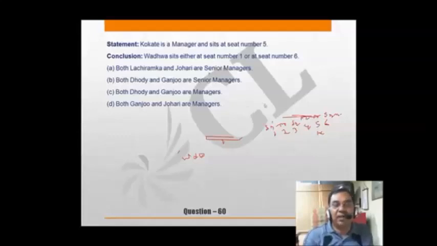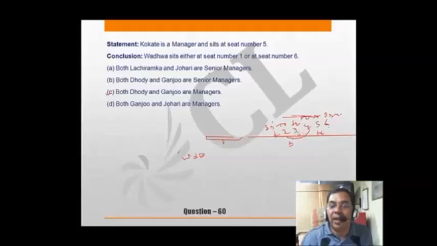Again I cannot put it, because both Dhodi and Ganju are managers, so either they will sit here. If Dhodi is here, then Vadhva cannot come here. But if he is not here, that means Vadhva will go there.